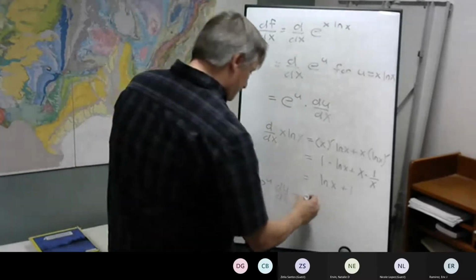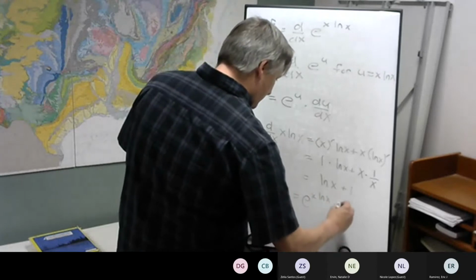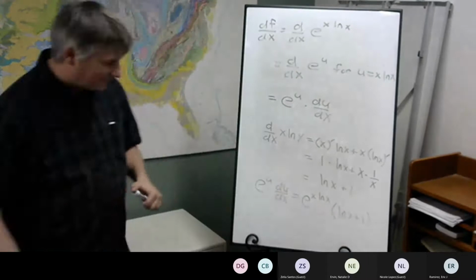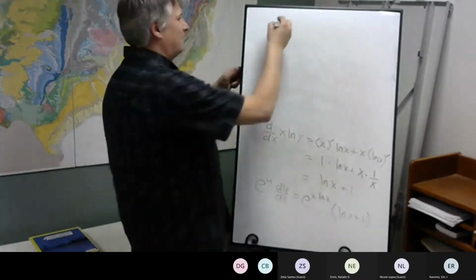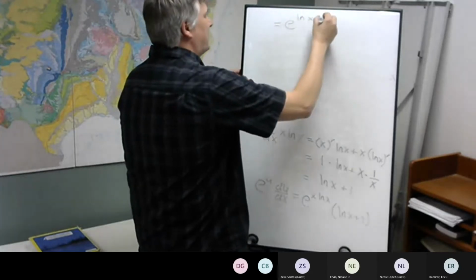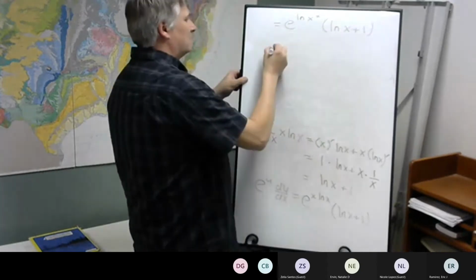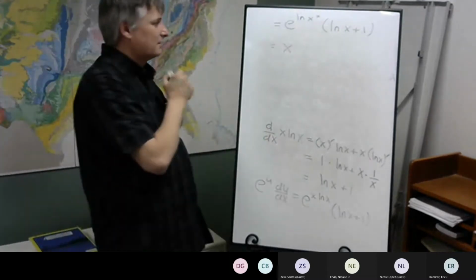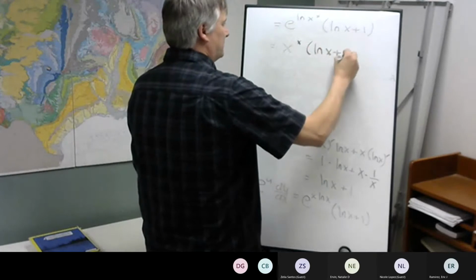So e to the u, e to the x ln of x, times ln of x plus 1, or e to the ln of x to the x, times ln of x plus 1, or x to the x times ln of x plus 1.